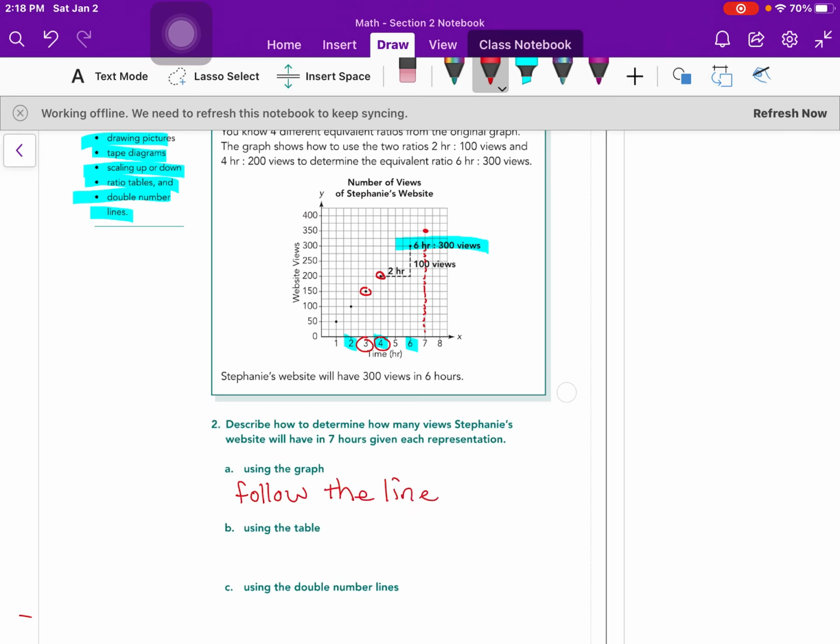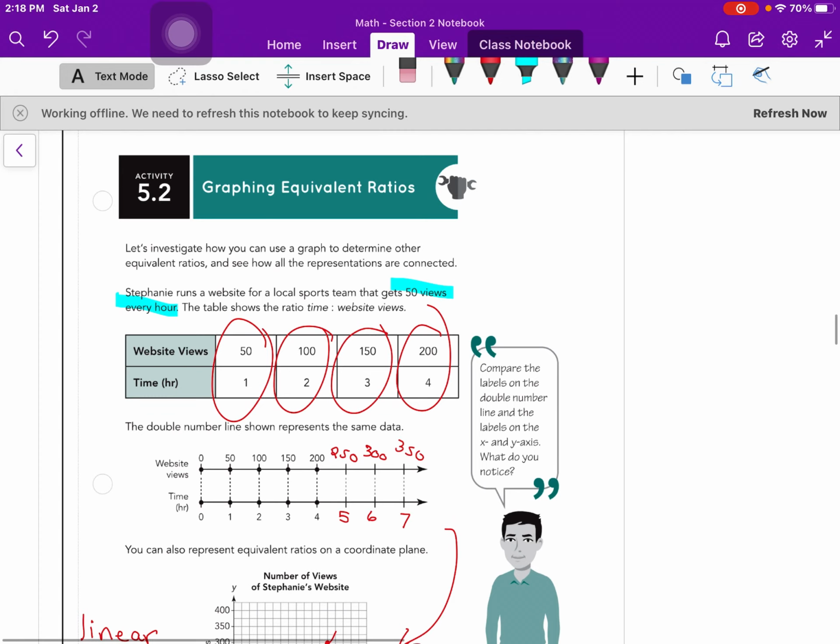If we go back to using the table, how can we predict how many will it be in 7 hours? Again, we combine 4 hours and 3 hours, combine those together to know that it's going to be 350. We could also look at this 1 to 7, and we can times it by 7.